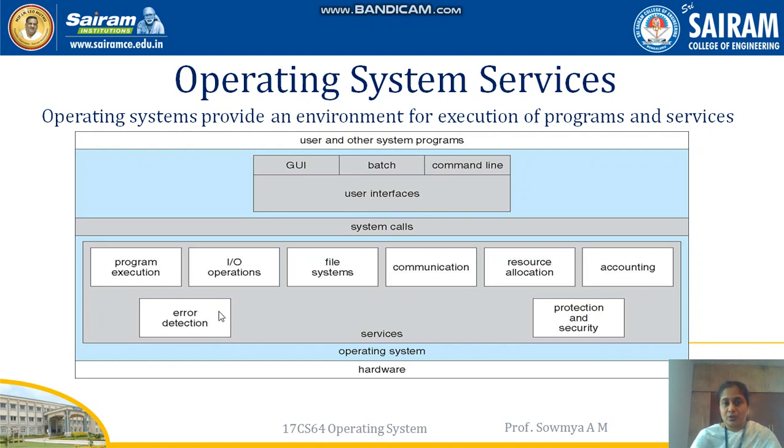Error detection is also a system function, to detect any errors in the executed user program. Protection and security is also a system service which ensures enough protection and security is provided to the system, and all this runs on the system hardware.